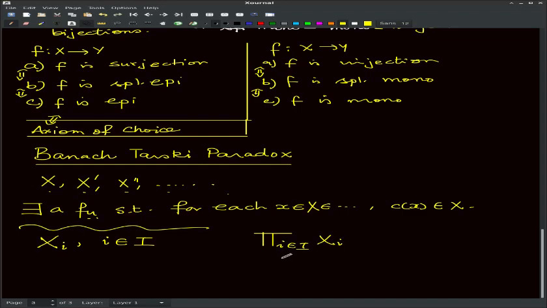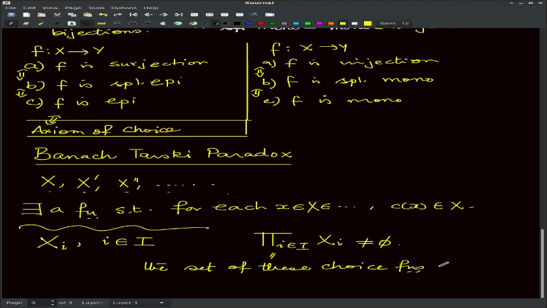This product consists precisely of these choice functions. The axiom says this product is non-empty, given that each Xi is non-empty.